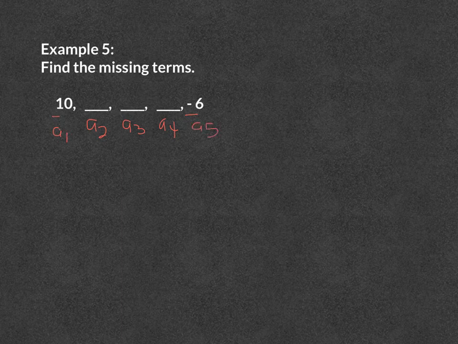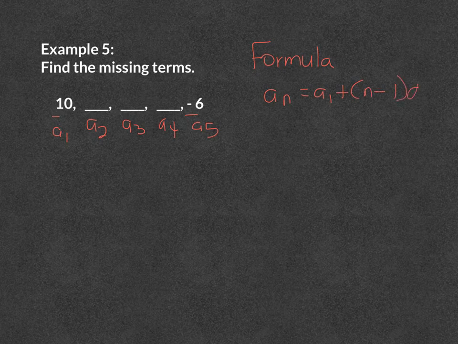So we're going to start off with the formula, and that's a sub n equals a sub 1 plus n minus 1 times d. Since they gave us 5 terms, I'm going to plug in a sub 5 where a sub n is.